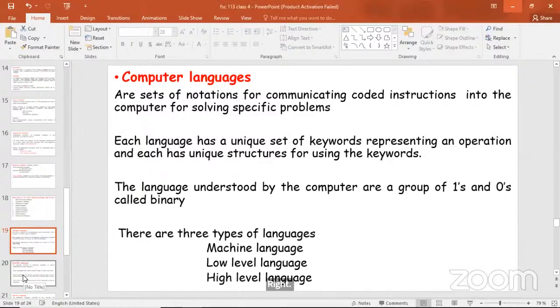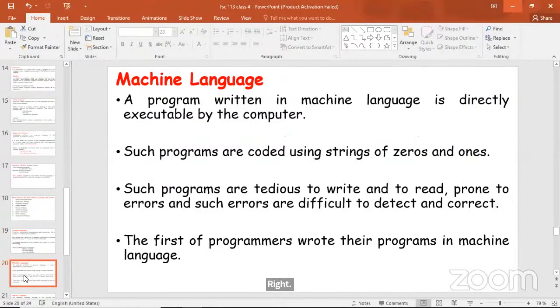So let's look at machine language. A program written in machine language is directly executable by the computer. Now, for instance, I'm a Yoruba person and I understand Yoruba and I can speak Yoruba. If somebody speaks to me in Yoruba directly, I don't need to convert the speech of that person into any other language before I understand.